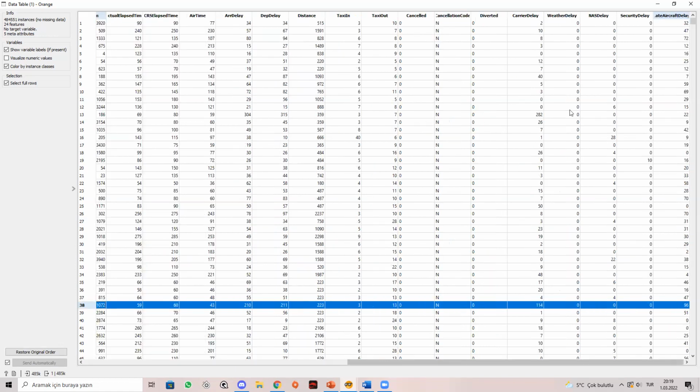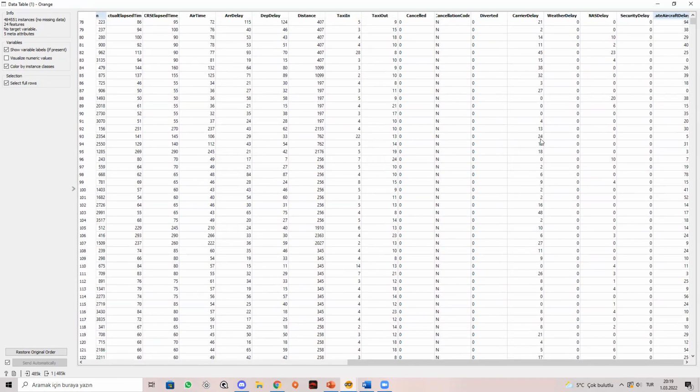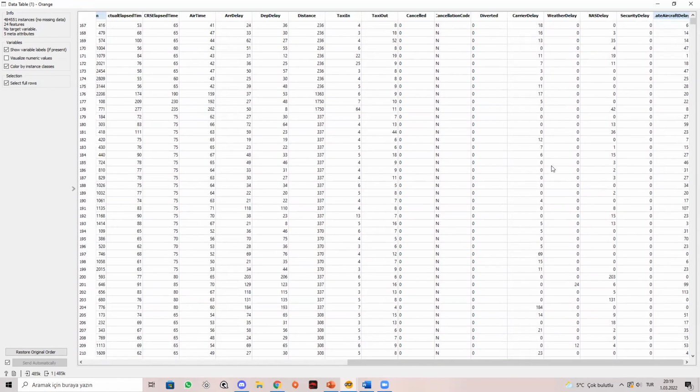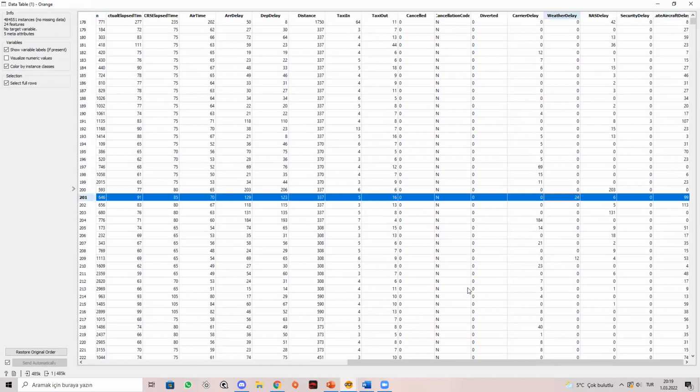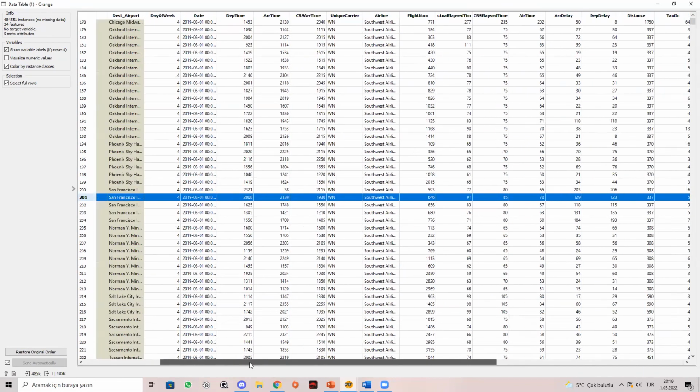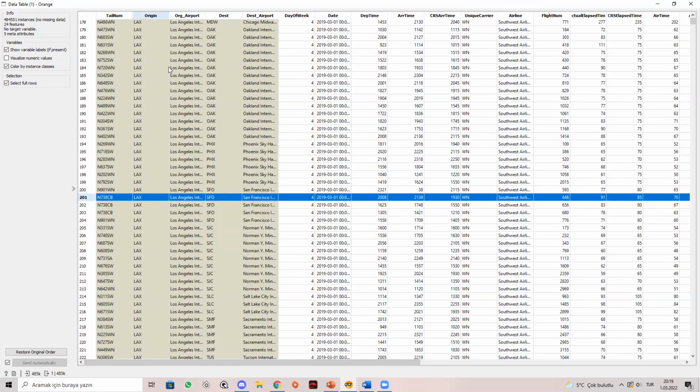For example, in the winter time, most of the time, I believe the delays could happen, or in some holiday seasons, the delays can be much more than the usual regular times. Am I right? Yes, sir. So in that data set, do you have any such metadata? There are just the airport's information and the tail number of the aircraft.